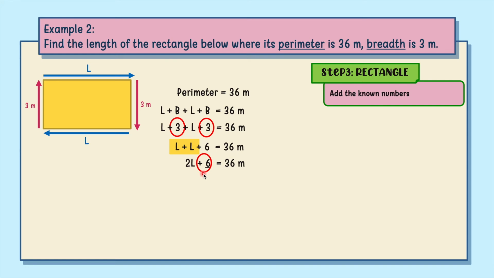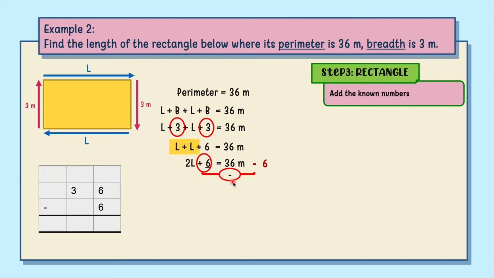So I will move this plus 6 to the other side. Remember, when we want to move something to the other side, it is always the opposite. So what is the opposite of plus? The opposite of plus is minus. So I'm going to write it here, minus 6.